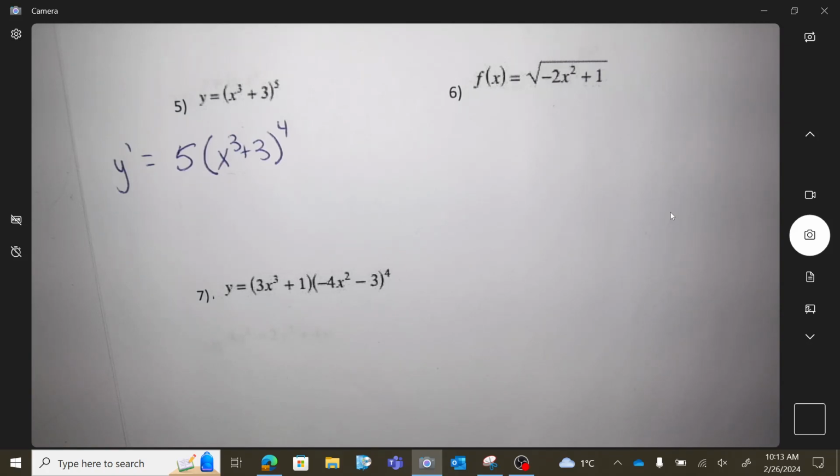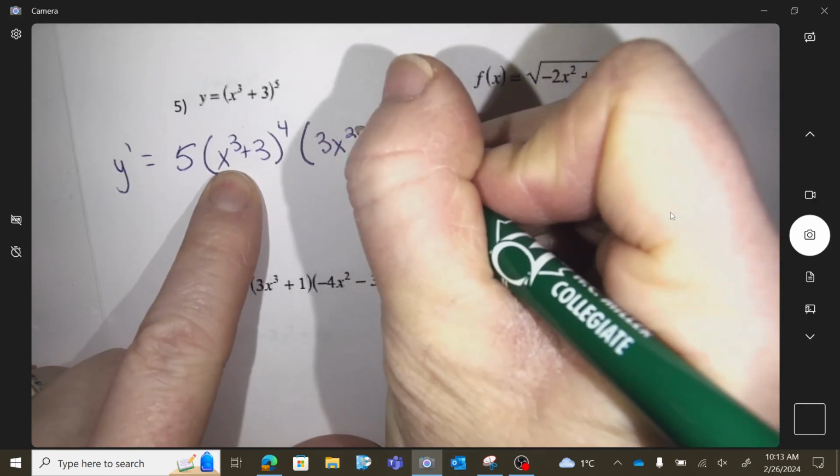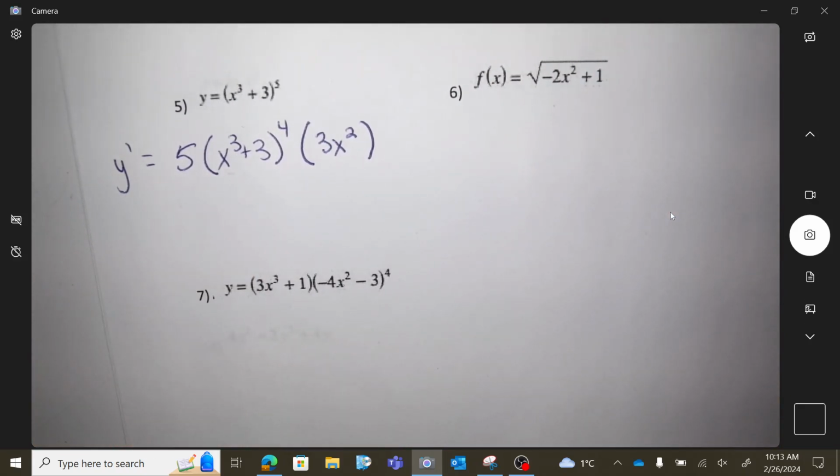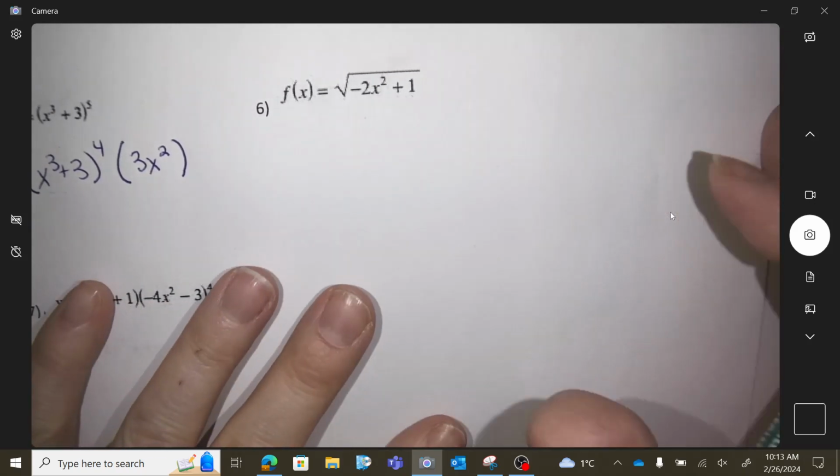And then you attach the derivative of it in the middle. So it is a 3x squared. Good?